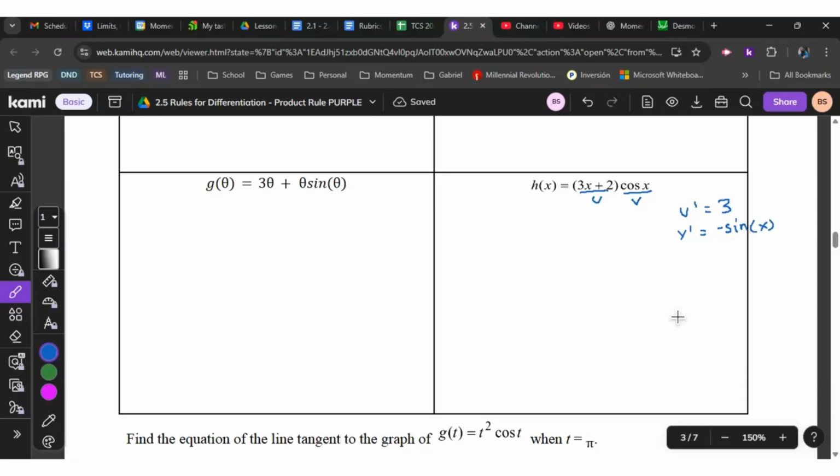Knowing that, now I want you to try and solve this one, okay? So remember, h prime of x is u prime v plus u v prime. So you should get this.